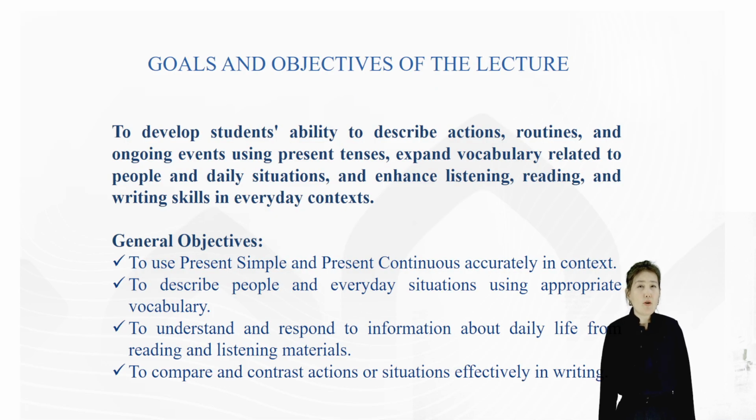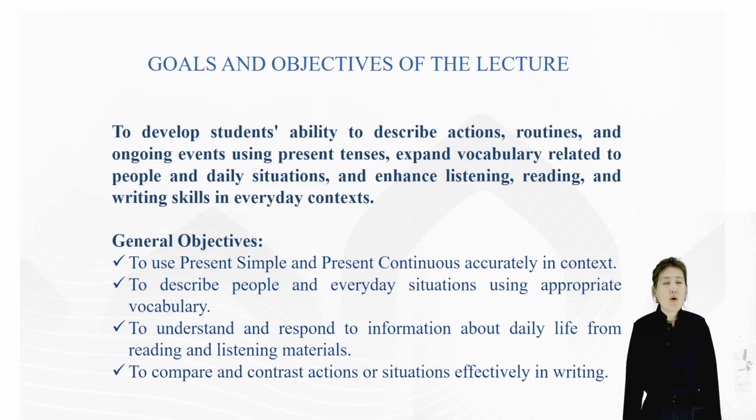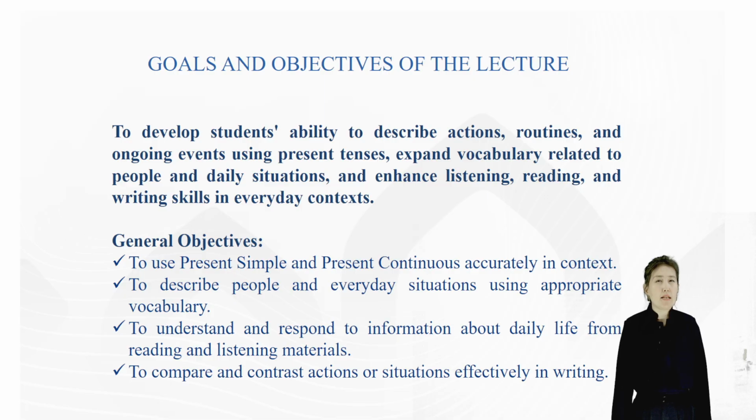The aims and objectives of the lesson: to master using some, any and a lot of correctly to describe quantities and availability, while effectively using this, that, these, and those to refer to objects and concepts based on proximity and singular/plural distinctions.